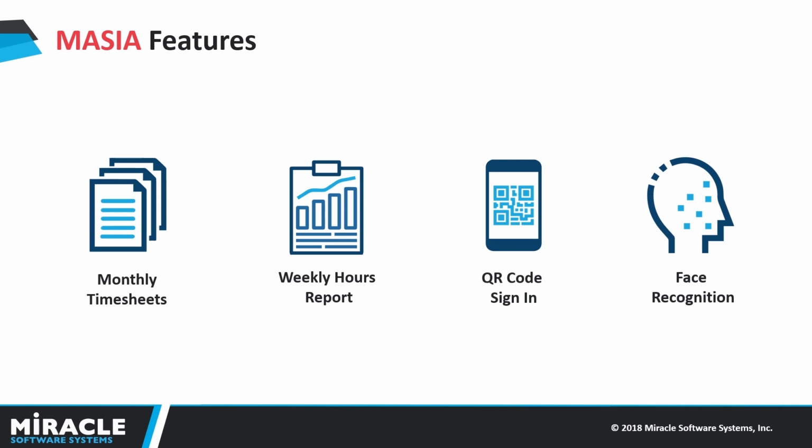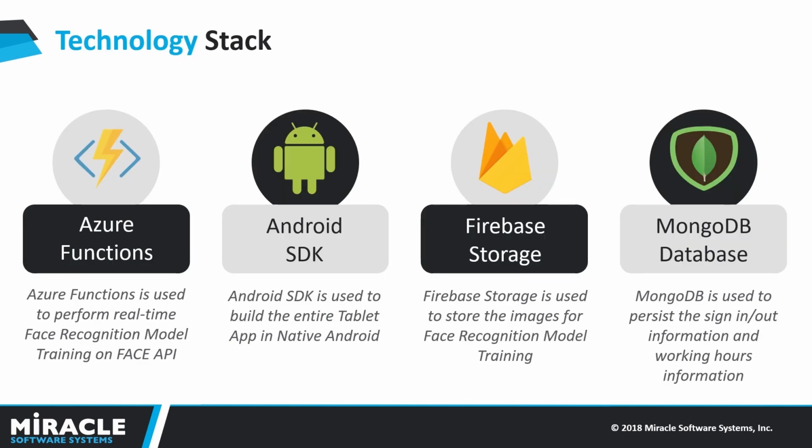MASIA also generates a weekly hours report for every single employee and emails it to them. This way, employees are aware of their working hours for every week. So many features in just one app, and now let's see how MASIA is able to do all this.